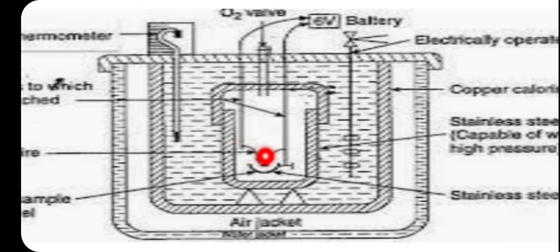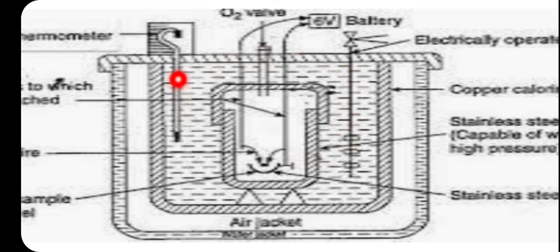As the magnesium wires start burning, they release a large amount of energy, and as a result high temperature is created, and even the fuel starts burning, and a large amount of energy is generated in the bomb calorimeter. Since the bomb is enclosed in a copper calorimeter which contains a thermometer and a stirrer, the heat that is produced in the bomb is captured by the water filled in this chamber, and as a result the temperature of the water starts increasing.